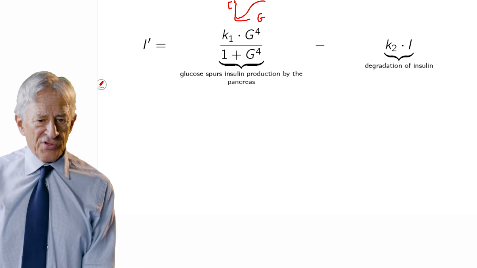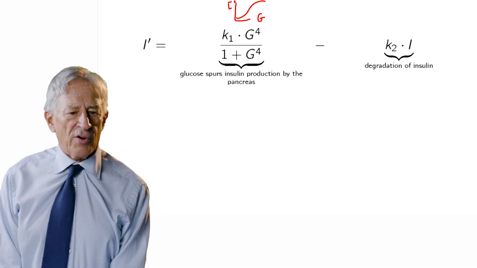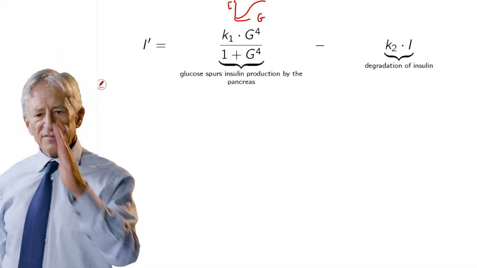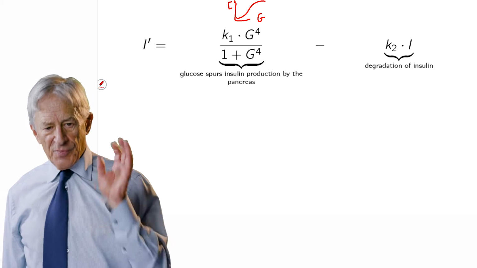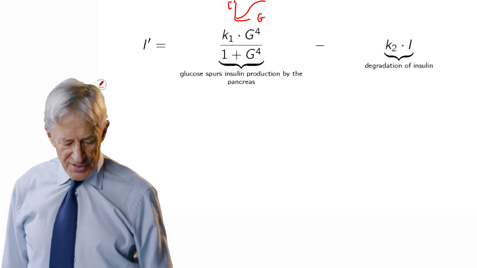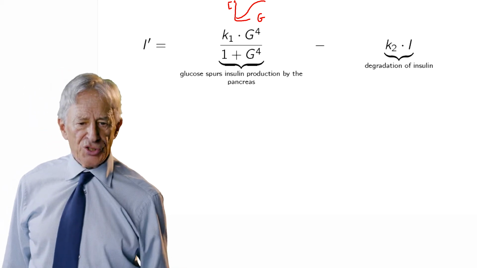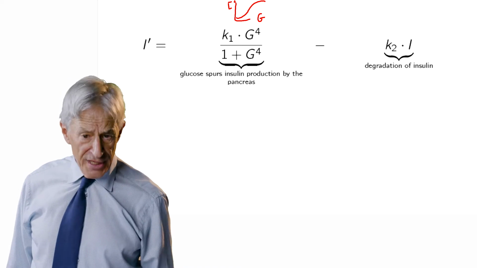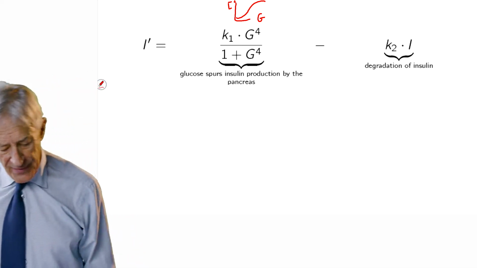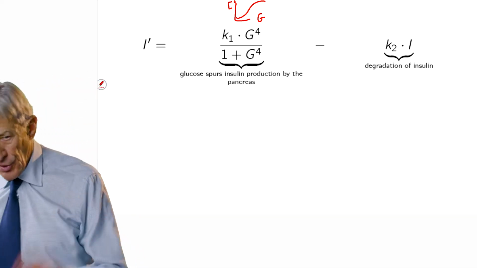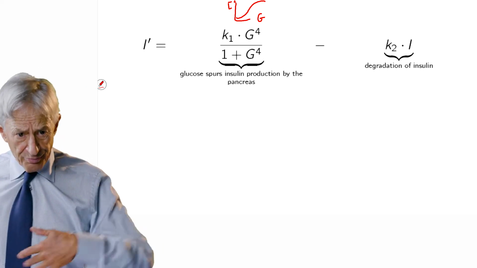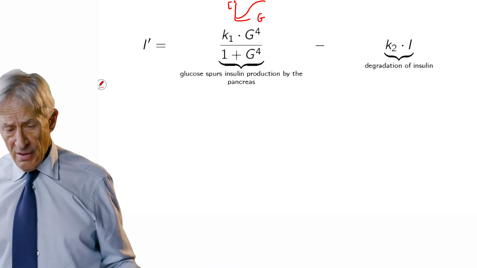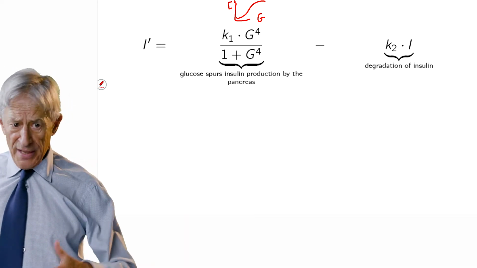And the authors are using a fourth power here to indicate the correct level of sensitivity. So there's our glucose spurs insulin production by the pancreas. That's a sigmoid in G. It's an upgoing sigmoid in G. And then the down part is just, again, good old first order degradation of insulin that is metabolized and peed away and whatever.